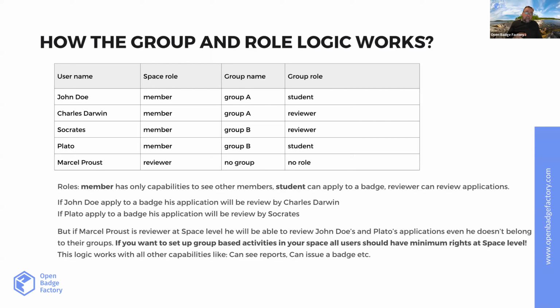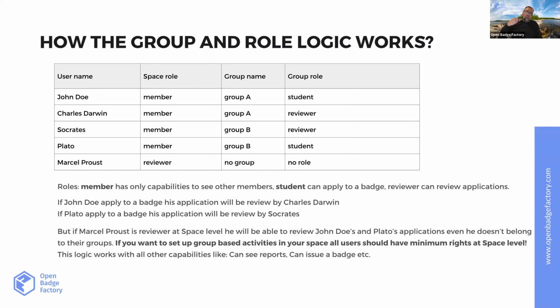And then it works in this way: John Doe, who is a student in group A, when John Doe applies for a badge, his badge application will be sent to Charles Darwin, who is basically the reviewer of group A. You can also have several reviewers in group A, so you could have several teachers.